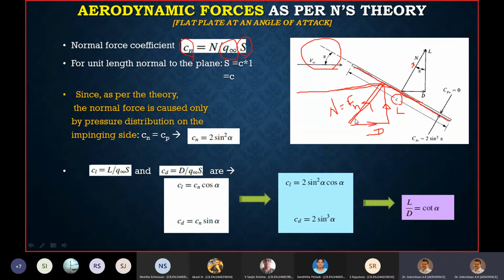Just by consideration of that triangle, Cl is Cn, the normal component, multiplied by cos alpha. Similarly, Cd is Cn sin alpha. Now we know Cn is 2 sine squared alpha, so we substitute it in both cases. So Cl becomes 2 sine squared alpha cos alpha, and Cd becomes 2 sine cubed alpha.